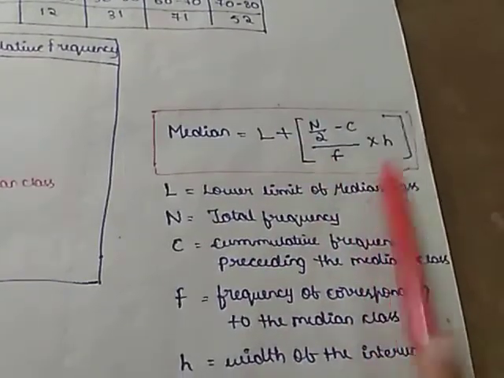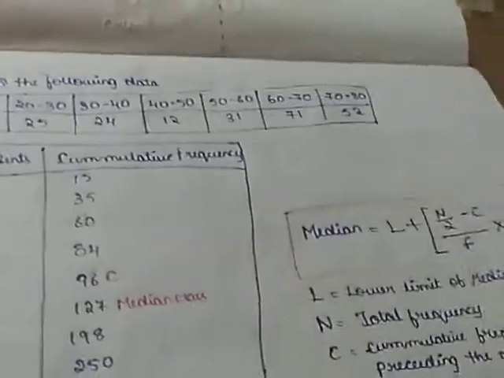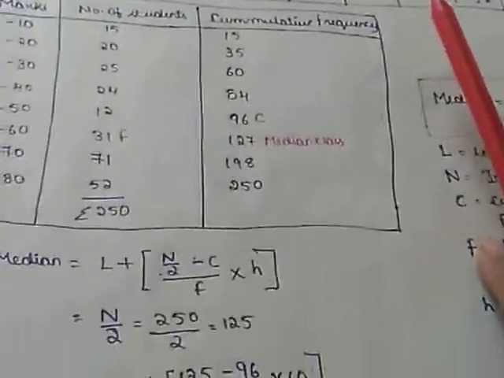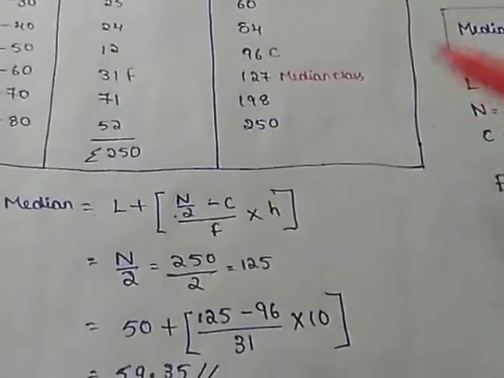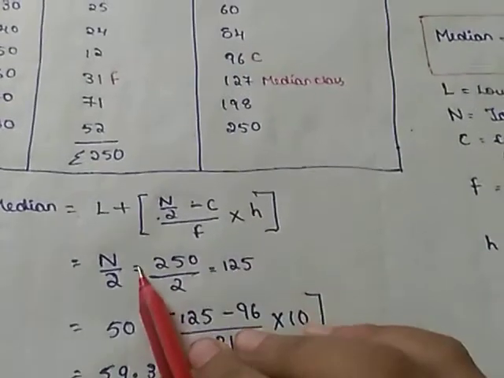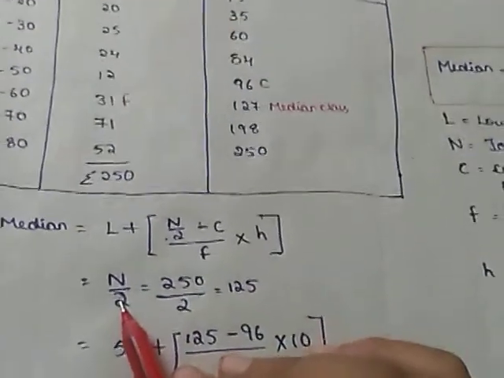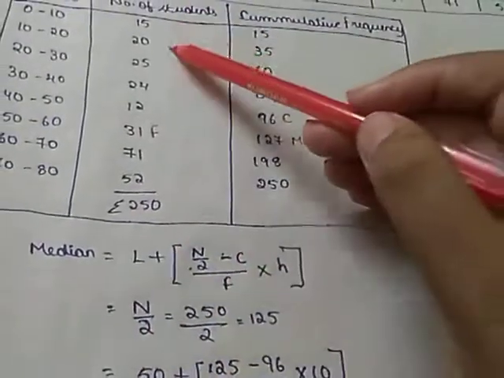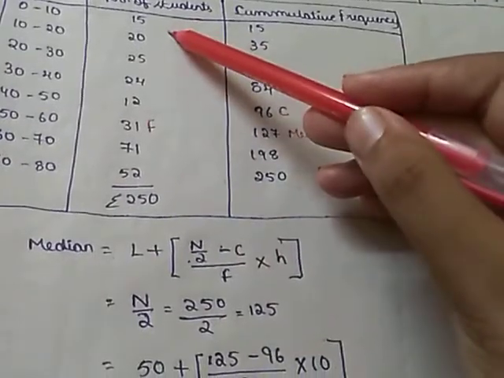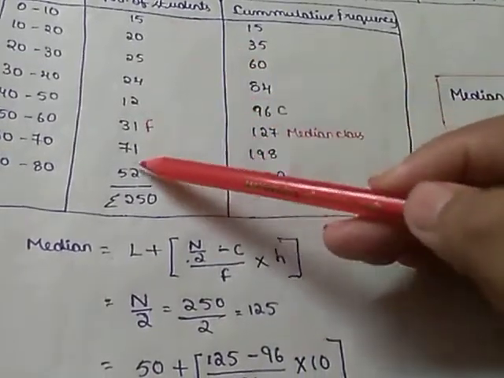So, in this table, first we have to find the median class. How to find the median class? First we have to do n by 2. Here n means the summation of all the frequencies, which is 250.